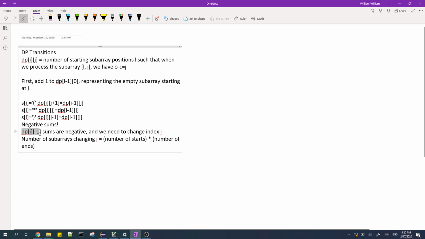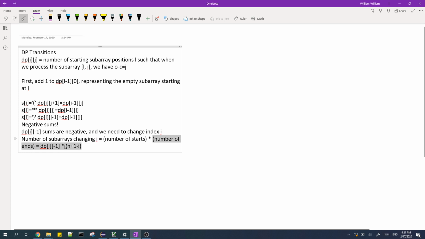And while we know the value of this dp, we can use it to calculate the contribution for index I. So the number of subarrays which change I is equal to the number of possible starting positions of the subarray multiplied by the number of possible ending positions. If you remember our definition of the dp, it gives the number of starting subarray positions, so we replace this with the dp value.